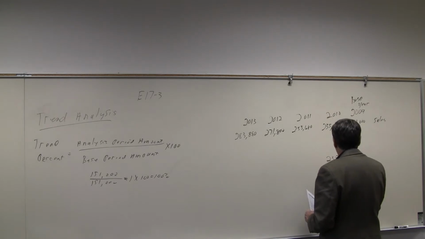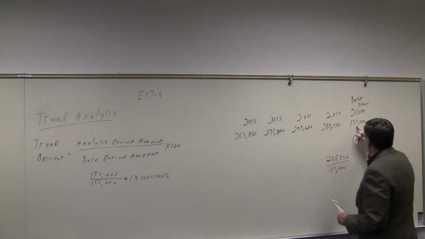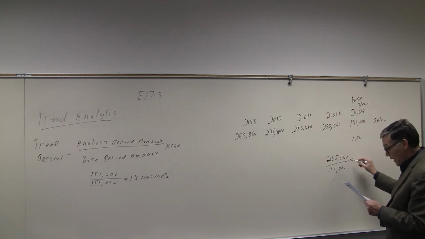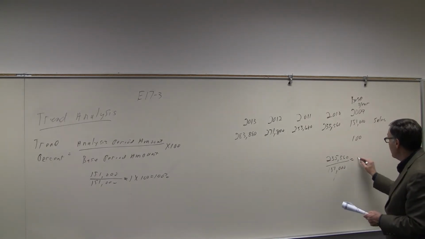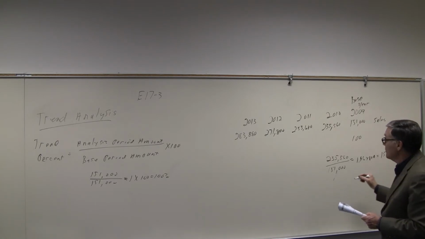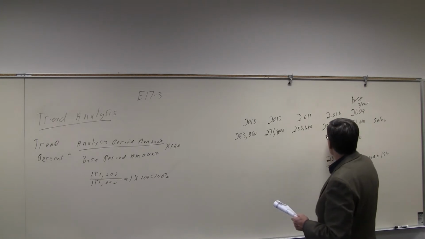We have 151,000, that's the denominator. When we divide, it is 1.56. We multiply that times 100, and it turns out to be 156%.